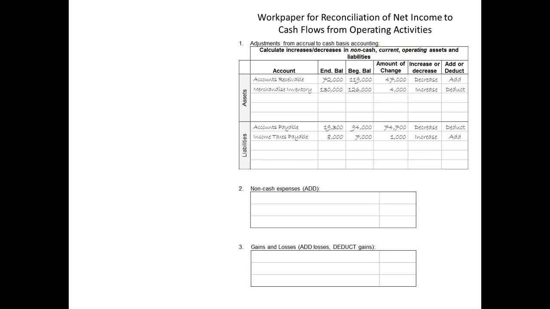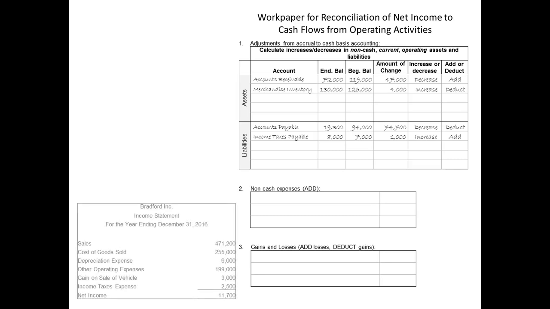Now we are ready to identify any non-cash expenses that Bradford incurred during 2016. Expenses are found on which financial statement? The income statement. Do you see any non-cash expenses? Typically depreciation expense or amortization expense.